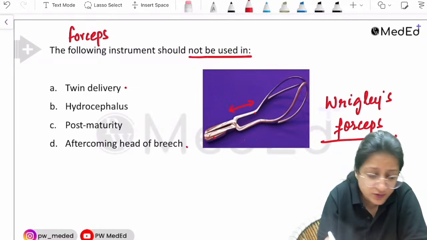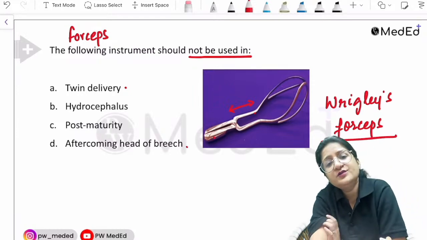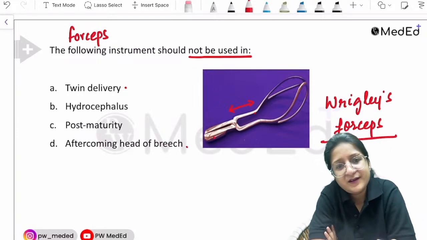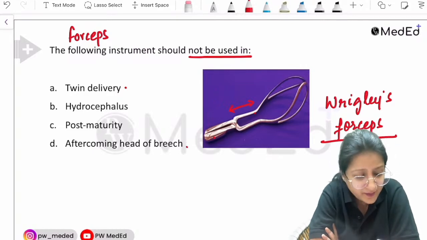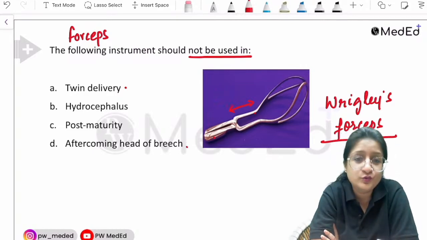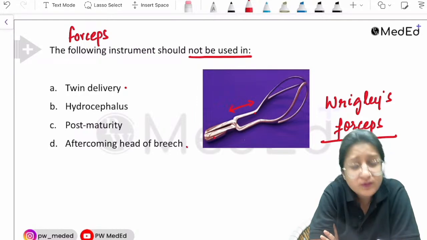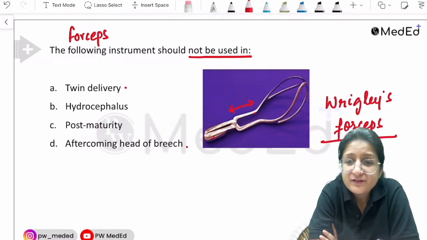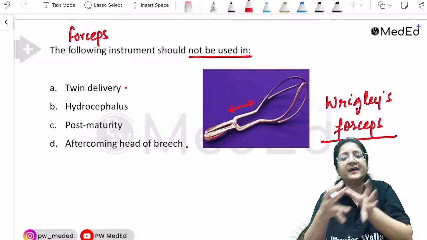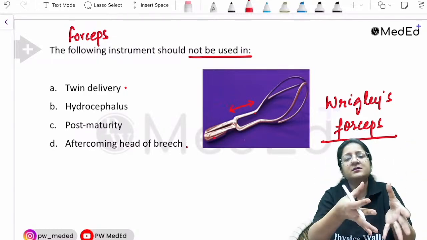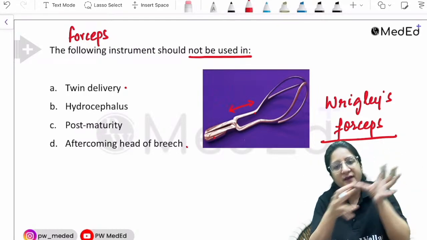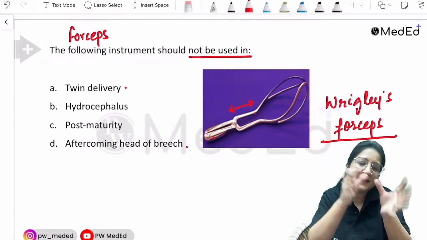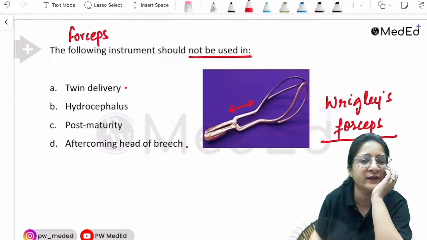If the head is coming out, we can use them. At one point in time only one twin is going to come out, so for that one particular twin, if required, forceps can be used.